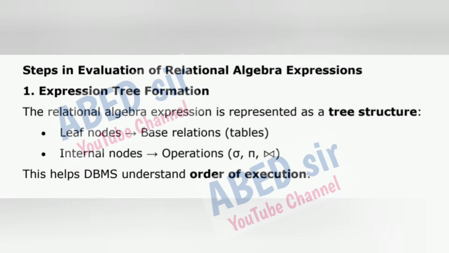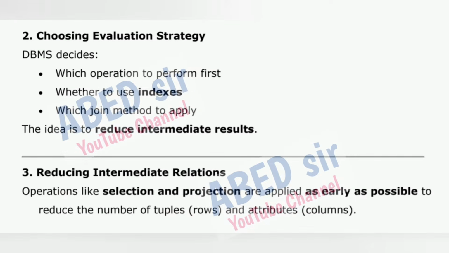Steps in evaluation of relational algebra expressions. 1. Expression tree formation. The relational algebra expression is represented as a tree structure. Leaf nodes: base relations, tables. Internal nodes: operations, sigma, pi. This helps DBMS understand order of execution. 2. Choosing evaluation strategy.